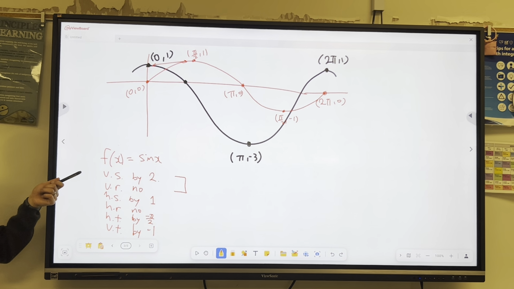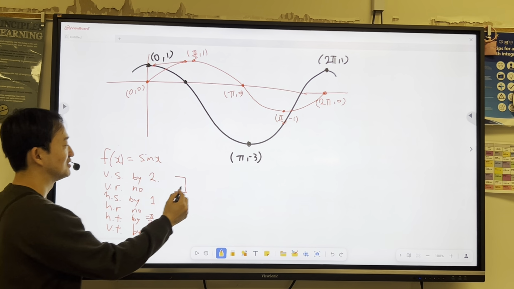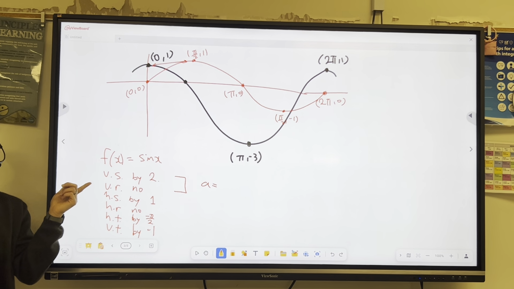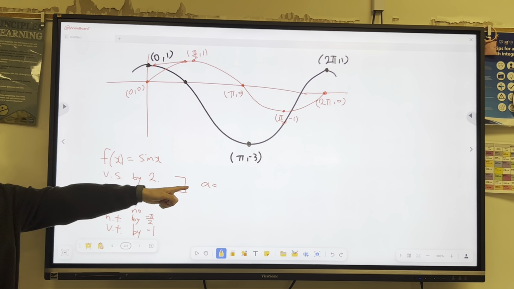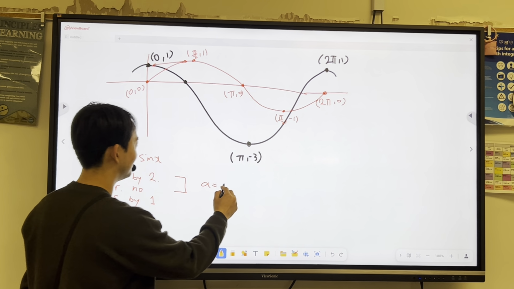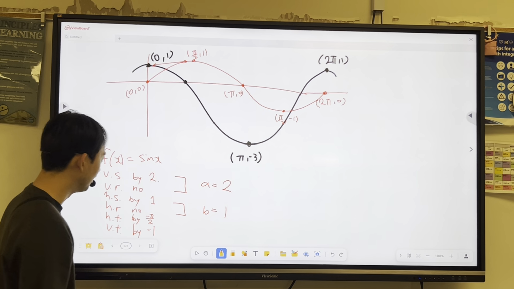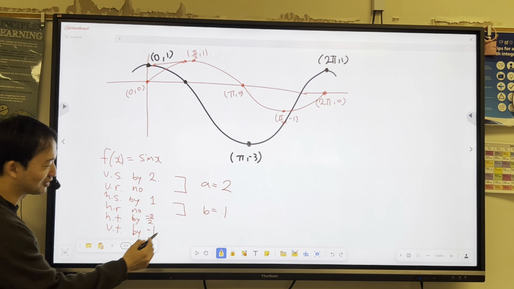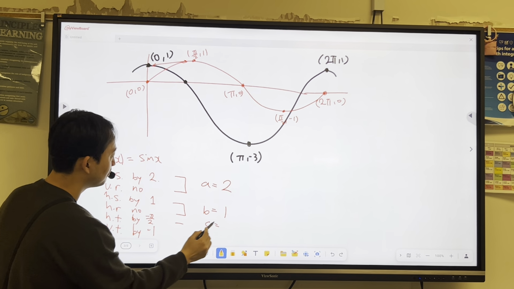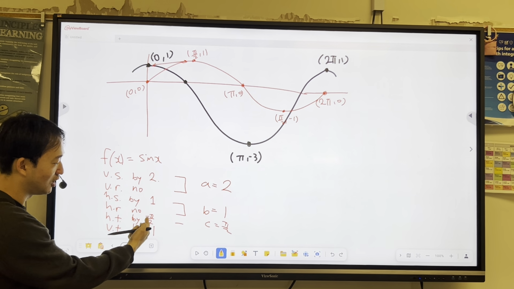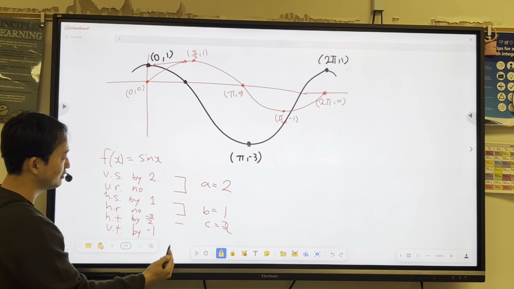Okay. I'm looking for my A value. Vertical stretch by 2 and no vertical reflection. So what is A value? +2. What about my B value? It's 1. What about my C value? pi/2. Remember that it's opposite of it, so opposite of -pi/2 is +pi/2.